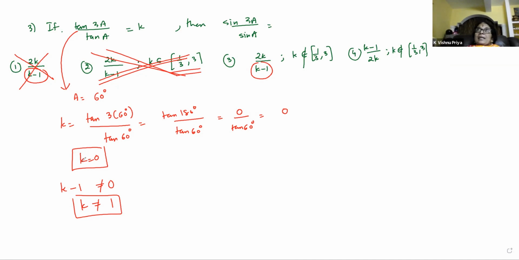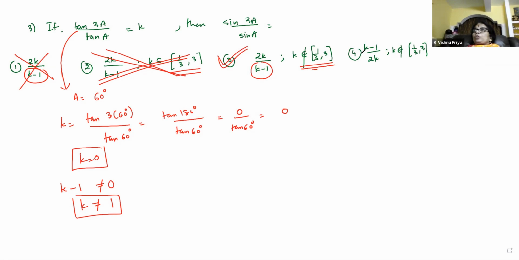But you can't take k as anything. k should not be equal to 1. So don't take the first option, don't take the second option. If you take the third option, clearly they are saying k is not in the interval. That means they are saying don't take k as 1 because 1 is in the interval. So the third option is our correct option.